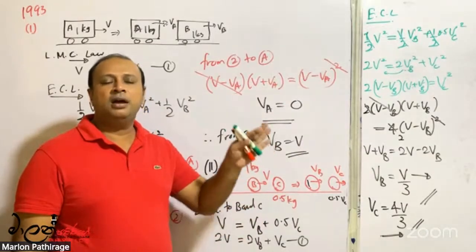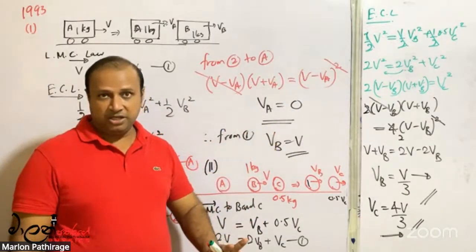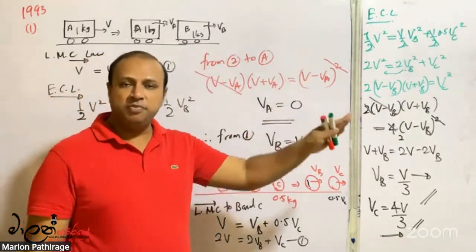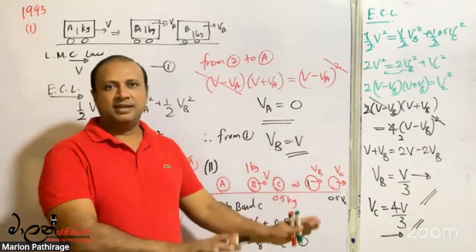Therefore, there are only two collisions: one is A and B, the other is B and C. That is the answer.